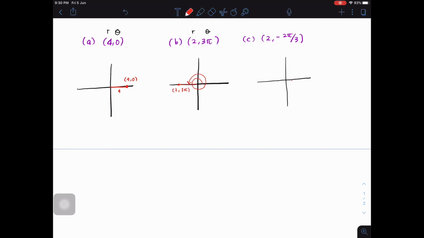From here to here you have 90, and let's say this one is 120. Therefore you have a line from the pole to the point where the length is equal to 2. This is the position for 2, negative 2 pi over 3, where this one is your theta. So this is how you plot your points on the polar coordinate system.